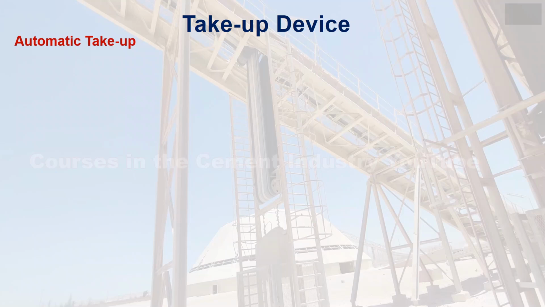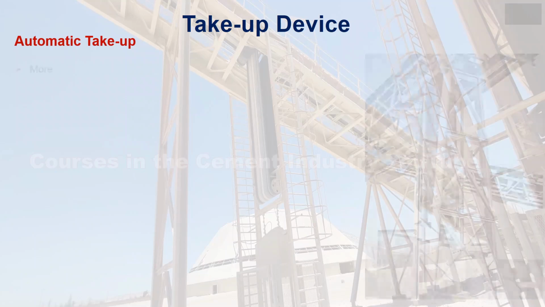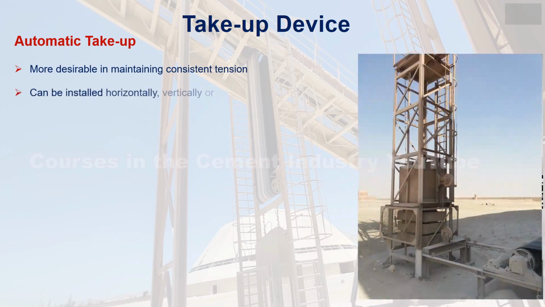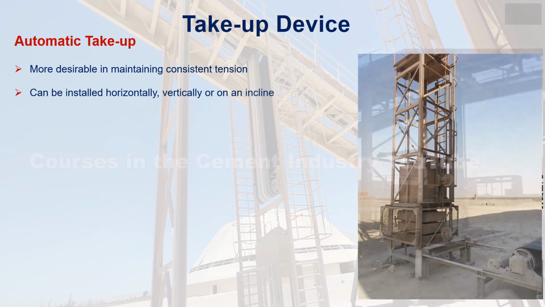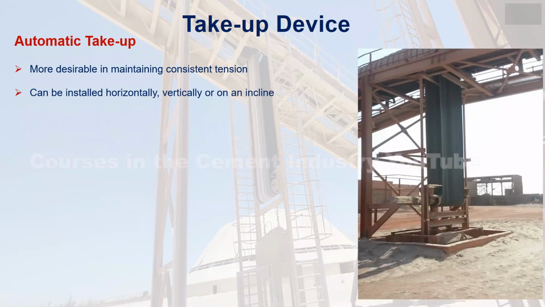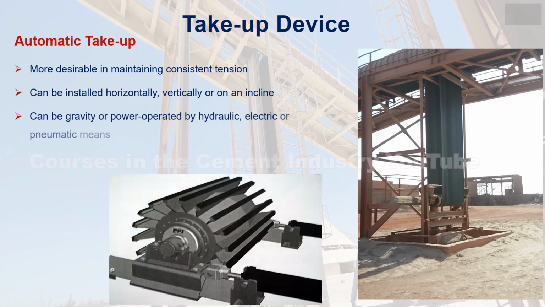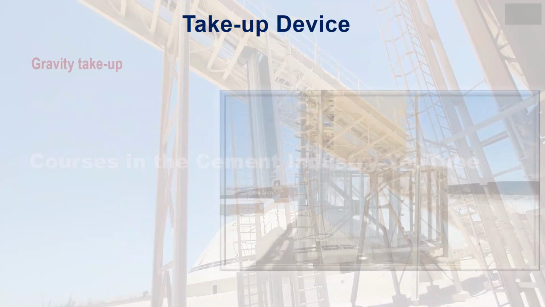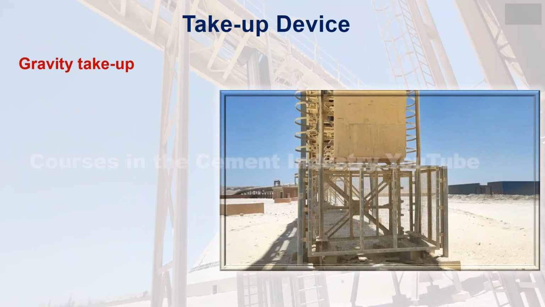Automatic take-up. 1. More desirable in maintaining consistent tension. 2. Can be installed horizontally, vertically, or on an incline. 3. Can be gravity or power operated by hydraulic, electric, or pneumatic means. Most common type is gravity. Gravity take-up. 1.